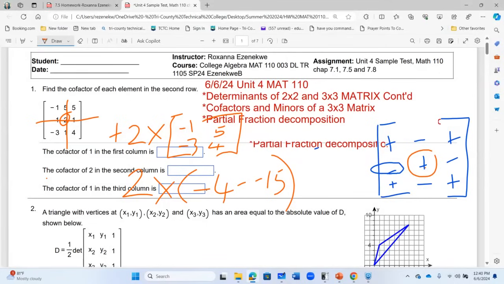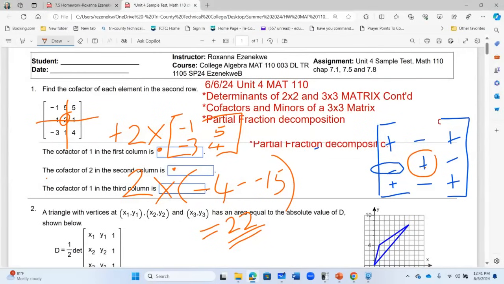Positive 11 multiplied by 2 is positive 22. Therefore, the cofactor of 2 in the second column is 22. All right, so I will come here and write 22 right here. And then when I finish this one, I'll write my answer here.